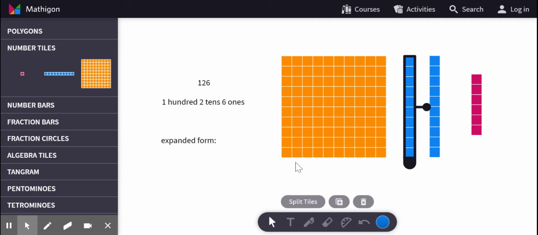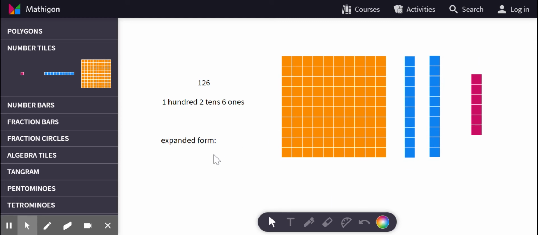And if you were to count all of these little squares, you'd get 100, right? I have two tens, so 10, 20, and I have 6 ones. So if you were to see this on a piece of paper, you would know that that meant 126, right?